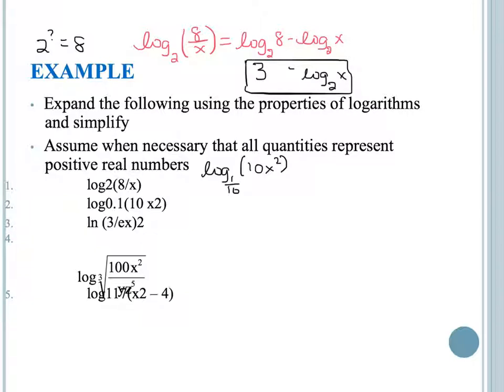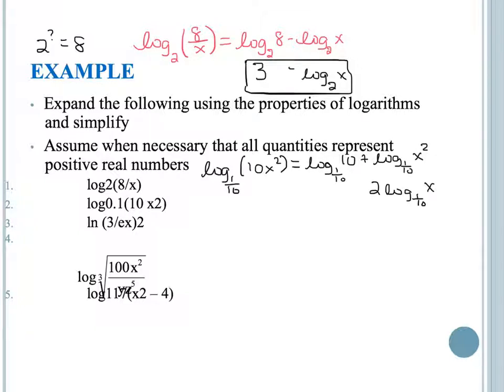So 10 and x squared are being multiplied, so I'm going to pull those apart. So I have log of 1/10 of 10 plus log of 1/10 of x squared. And then I notice that there's still a squared in here, so I need to take care of my squared term by bringing that out in front as a power: 2 log 1/10 x.